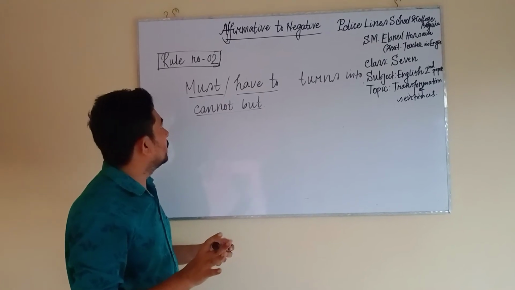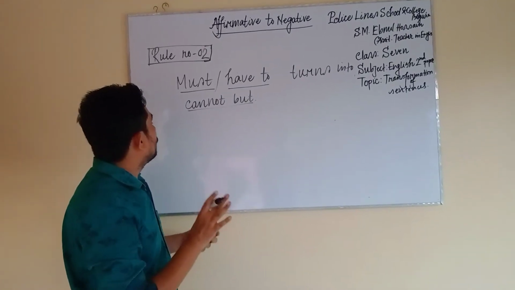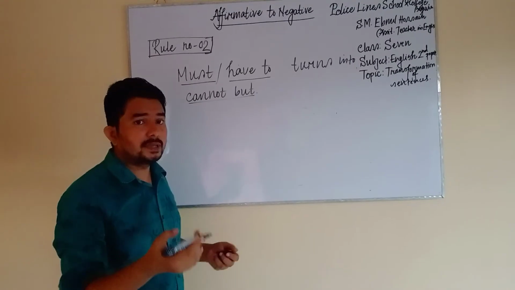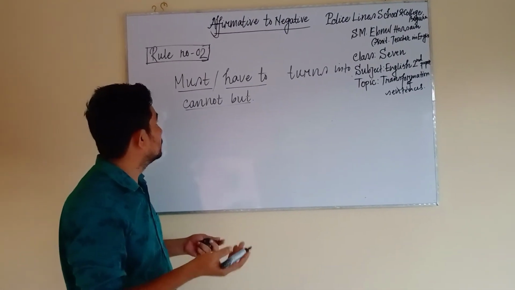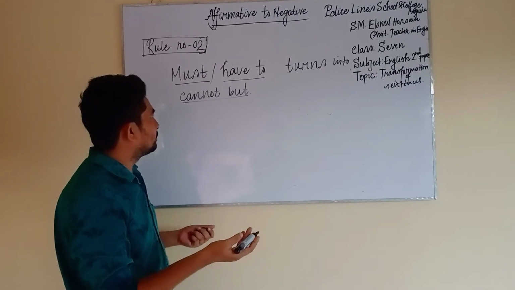And if we find these words must or have to in the affirmative sentences, then we can change this type of affirmative sentences by using cannot but.